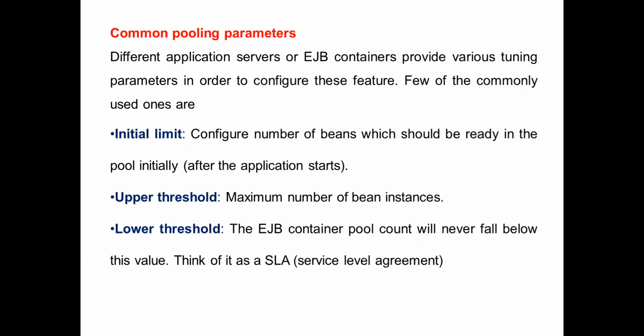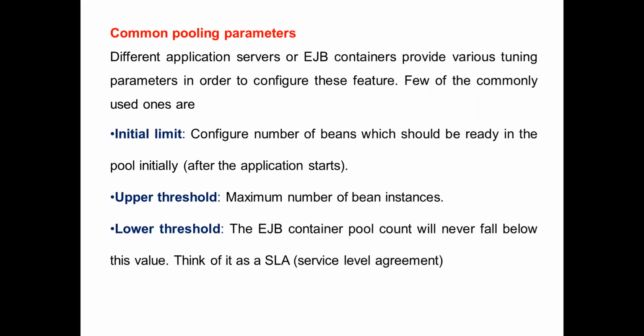Different application servers or EJB containers provide various tuning parameters. Tuning parameters are the rules by which an application accesses the database, and since there are different application servers, we have to configure these features. The commonly used pooling parameters are, first, the initial limit. What is the initial limit?